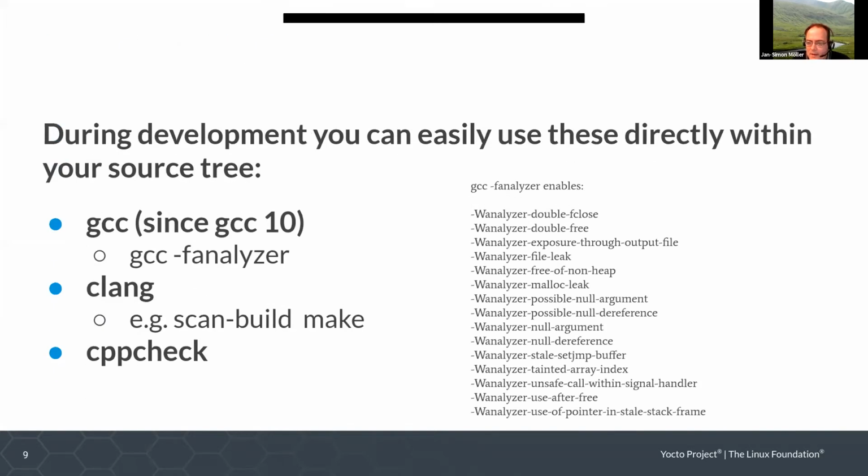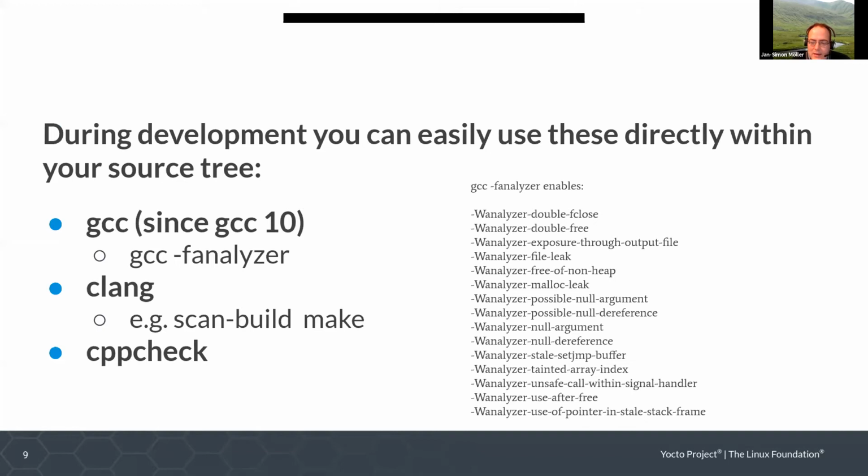I picked 3, and those are easy for you to use in your local development. GCC 10 gained a new flag called -fanalyzer. And -fanalyzer will turn on a big number of warnings. So you can use GCC already if you're on GCC 10, and that is kind of more or less already there.